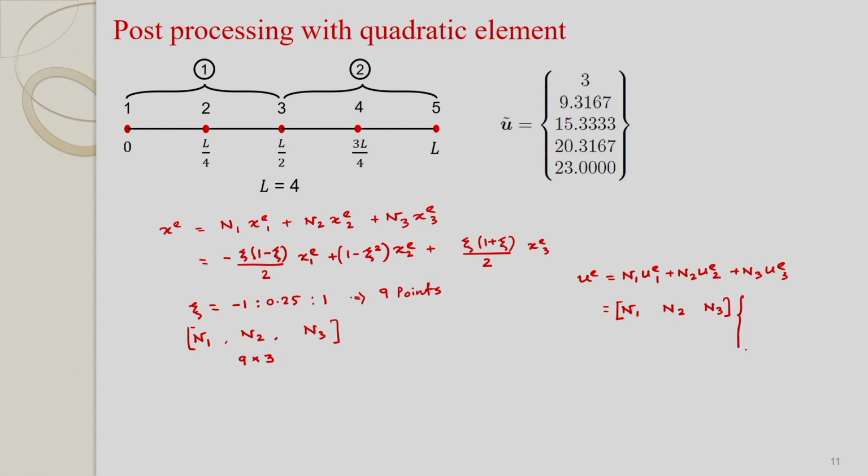In matrix vector notation, now instead of one xi point, we have 9 xi points. So now this is 9 cross 3 and this is 3 cross 1.